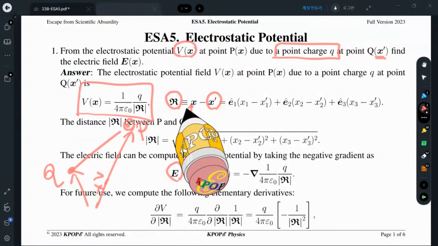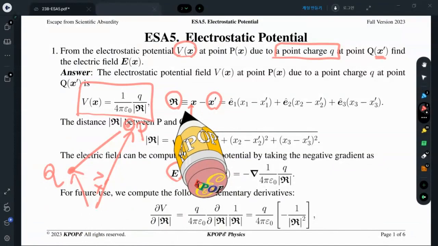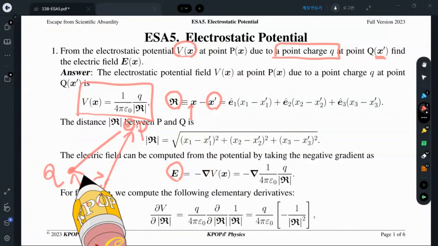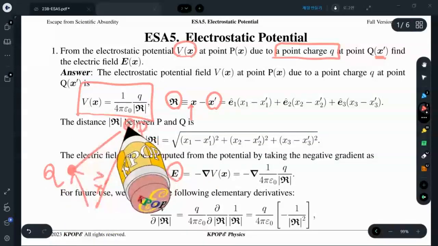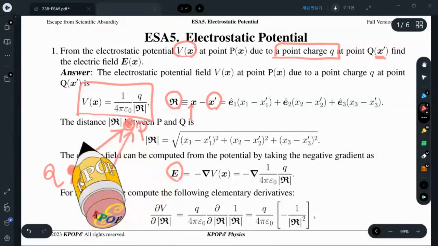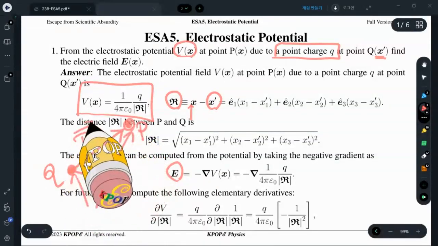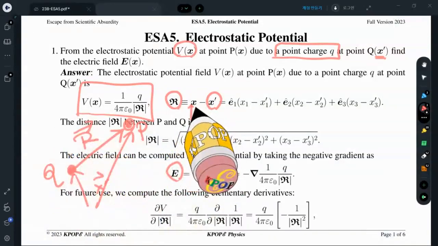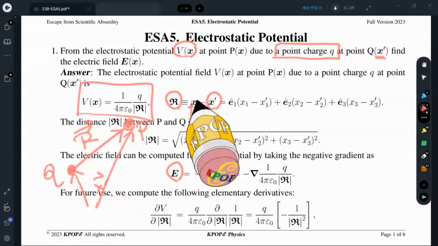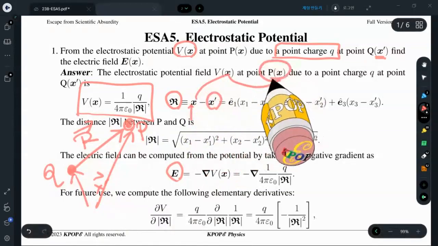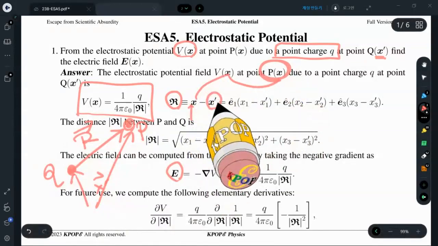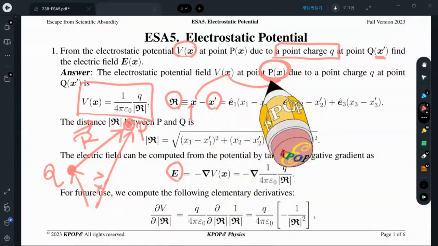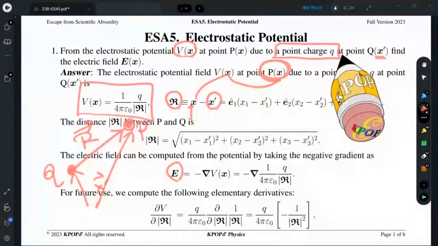Because the electrostatic force is central, we always need to find the displacement vector from the source to the field. This is the capital R. Okay? The capital R is always x, where x is the field point, subtracted by the position of the charge.